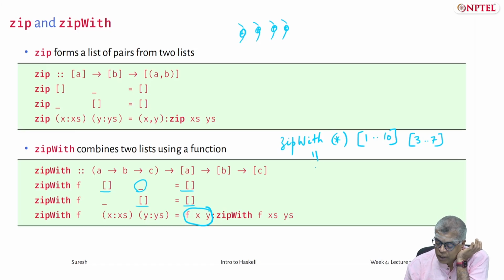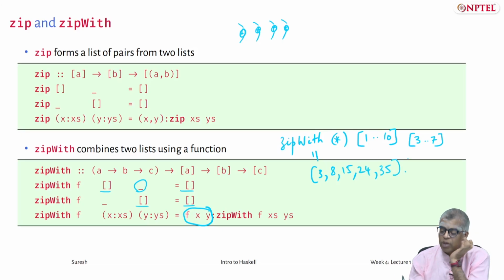This would be 1 times 3 which is 3, 2 times 4 which is 8, 3 times 5 which is 15, 4 times 6 which is 24, 5 times 7 which is 35. Okay, you would get this list. Okay, so you can do this. This is zipWith. So far we have seen map, filter, takeWhile, dropWhile, zipWith.